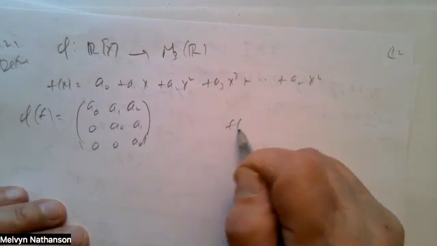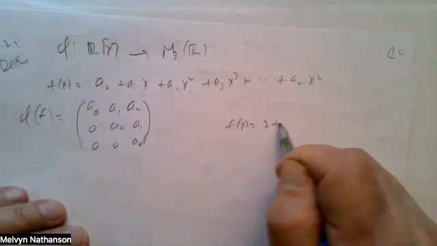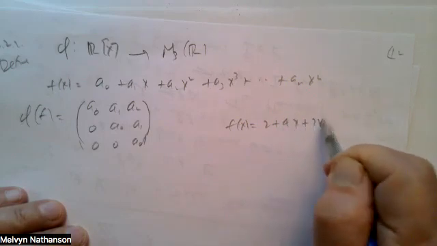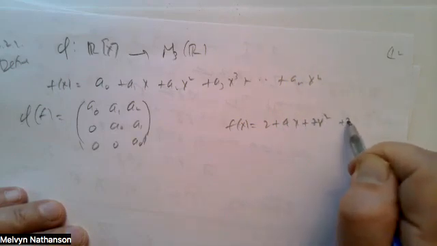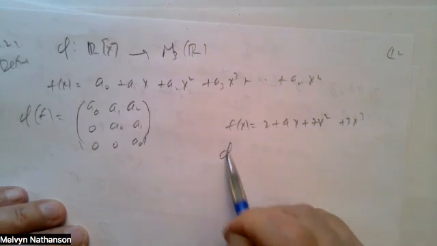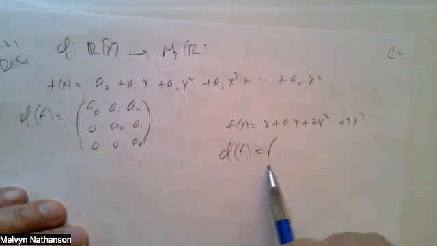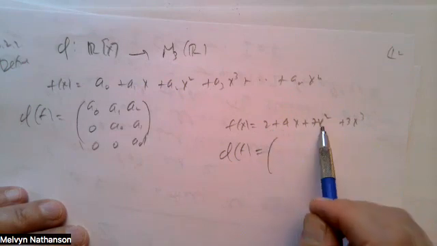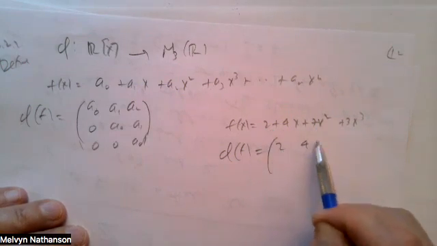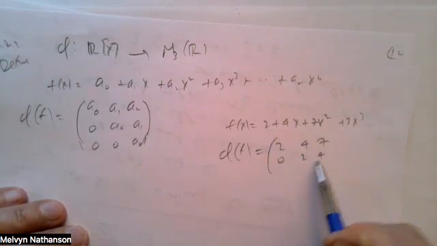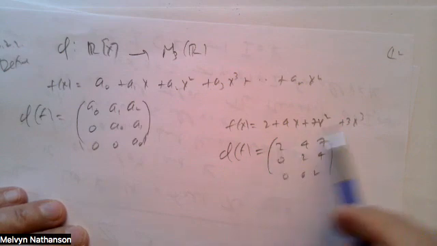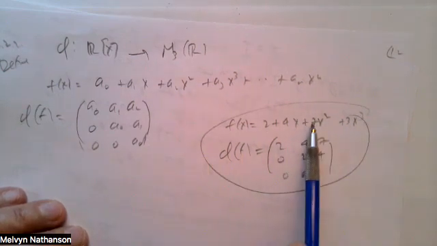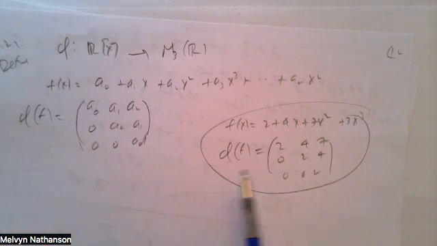So for example, if f of x were equal to 2 plus 4x plus 7x squared plus 3x cubed, phi of f would be what? It just looks at the first 3 coordinates: 2, 4, 7, 0, 2, 4, 0, 0, 2. Okay. So this polynomial gets sent to this matrix. This function phi only looks at the quadratic part of the polynomial.